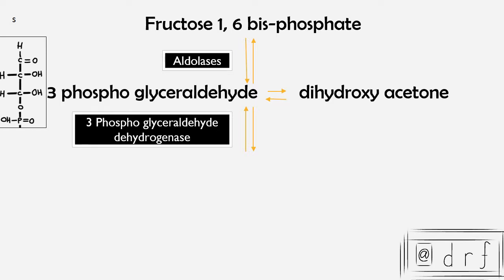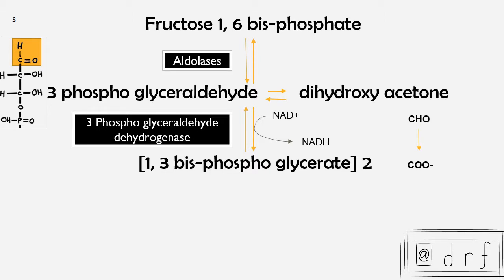Moving forward, 3-phosphoglyceraldehyde, in the presence of 3-phosphoglyceraldehyde dehydrogenase, has a hydrogen atom removed from the aldehyde and donated to NAD+. So NAD+ is converted into NADH. Here you can see that the aldehyde CHO is converted into a carboxylic acid, which is named 1,3-bisphosphoglycerate.